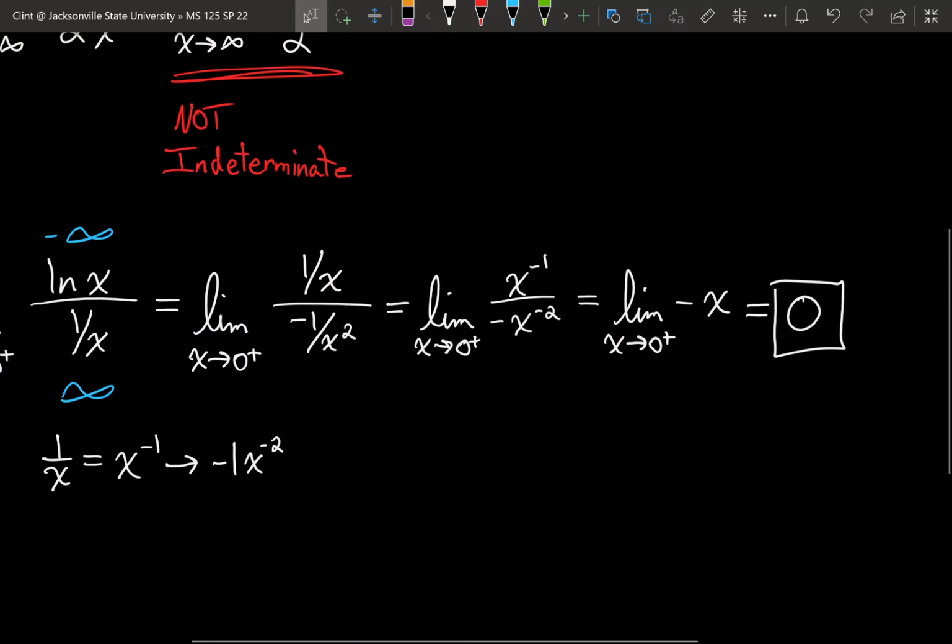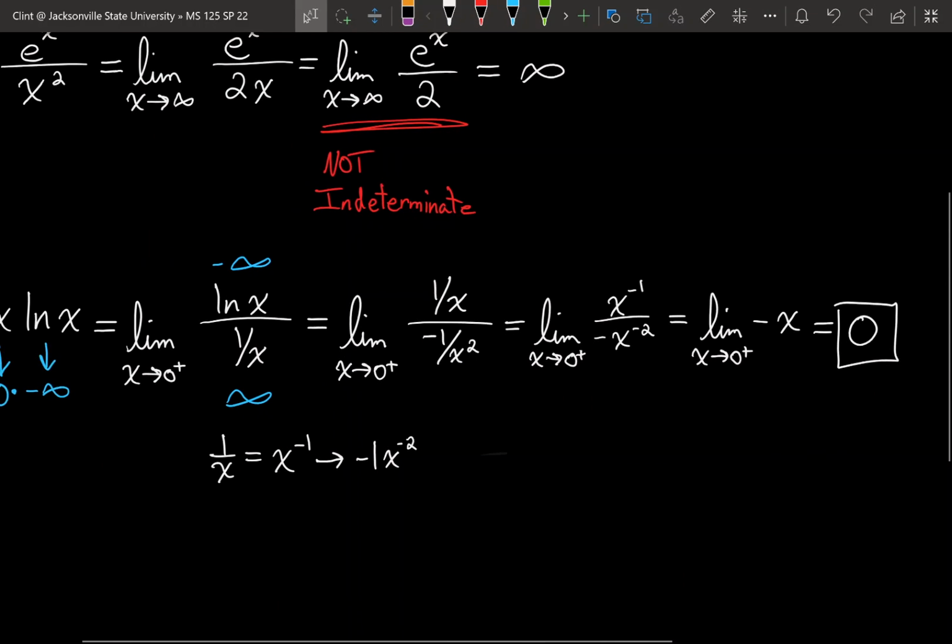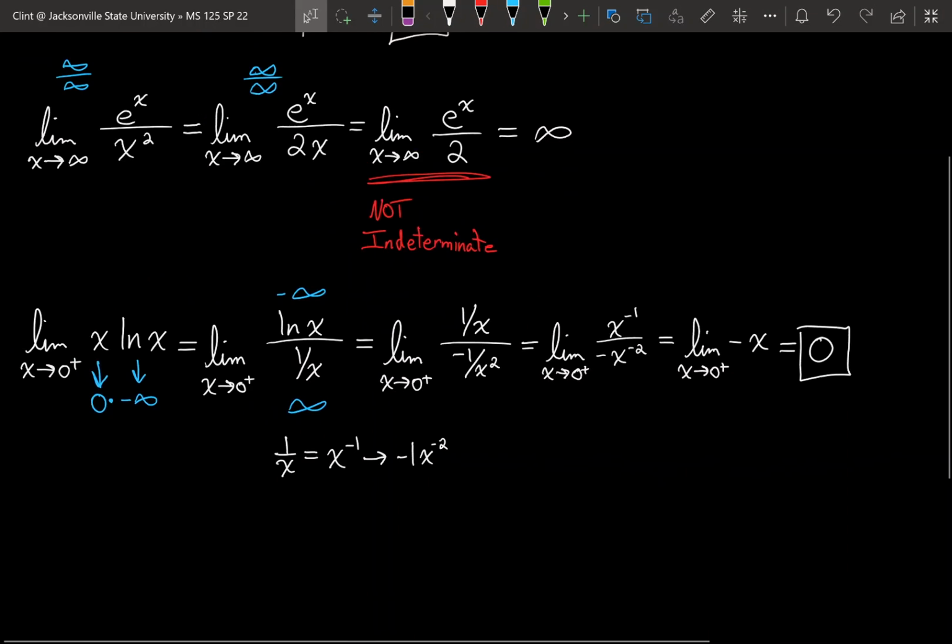Kind of a little messy, but we get there. Anytime it's not directly 0 over 0 or infinity over infinity, it makes things messier because you've got extra steps to add in. And that one was a little extra messy because of simplifying this part.